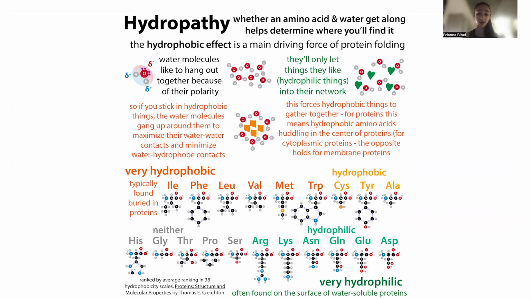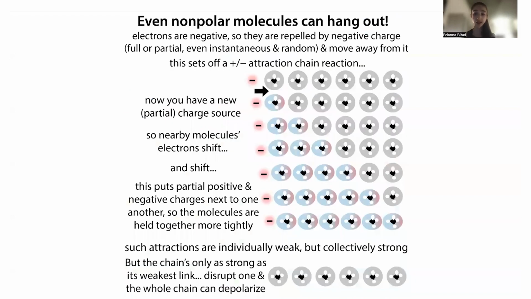In the case of a water-soluble protein, like a cytosolic protein or an excreted protein, basically anything that's not membrane bound is going to be surrounded by water. And so those hydrophobic amino acids, the ones excluded by water, are going to be found in the center of a protein. And when they're all together, they're able to sync up their electrons through these chain reactions, and you get these hydrophobic interactions.